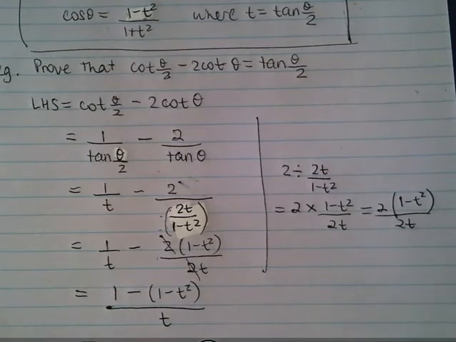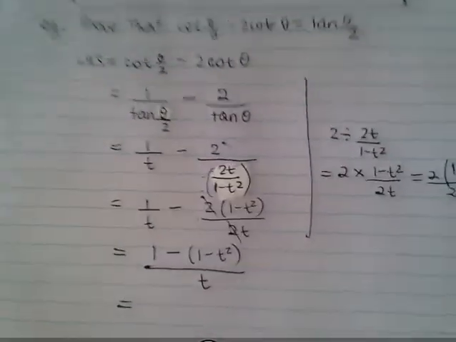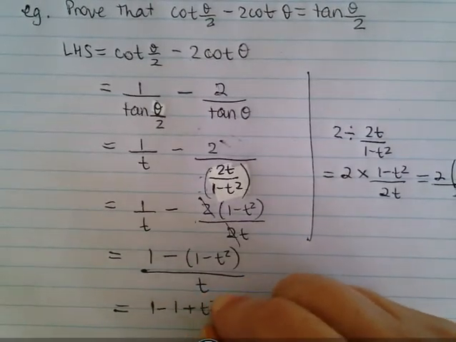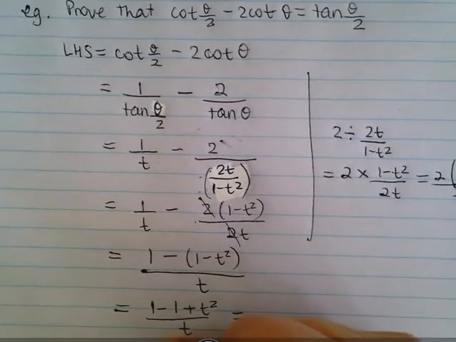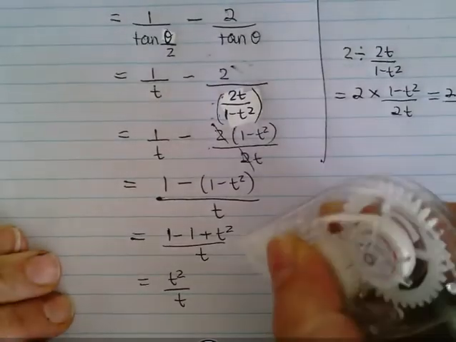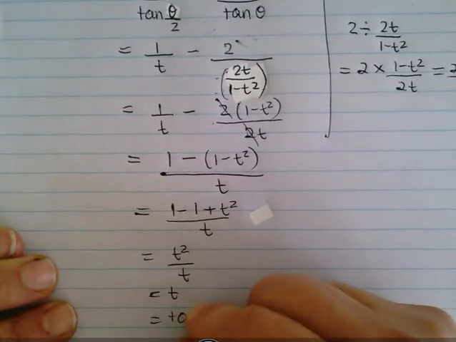Or I could have gone common denominator and put 2 over 2t, but no need, because the 2's cancel on that second fraction. And now what do I get? 1 minus 1 plus t squared on t. Well, that's just t squared on t, which is t, which equals, that's t, which is tan theta on 2.